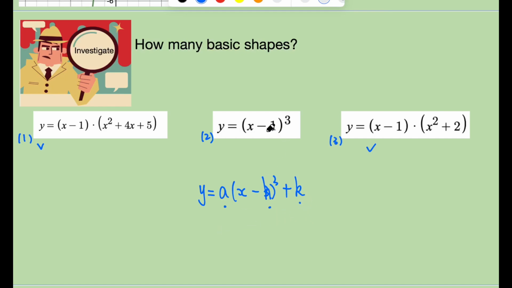It means the graph of the middle function is like this. It is climbing up a hill, and there is a point of inflection which is (h, k). But for this function, it is (1, 0), because h is 1, k is 0.